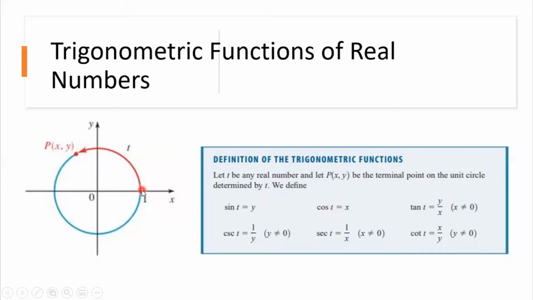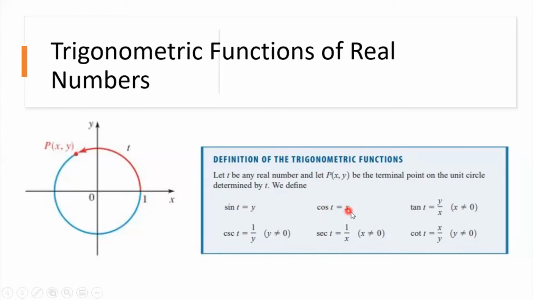Since the point is (1, 0), therefore cosine of 0 is equal to 1. Again, since we have the point (1, 0), and 1 is the x value and 0 is the y value, cosine of the 0 angle in radians is equal to 1.